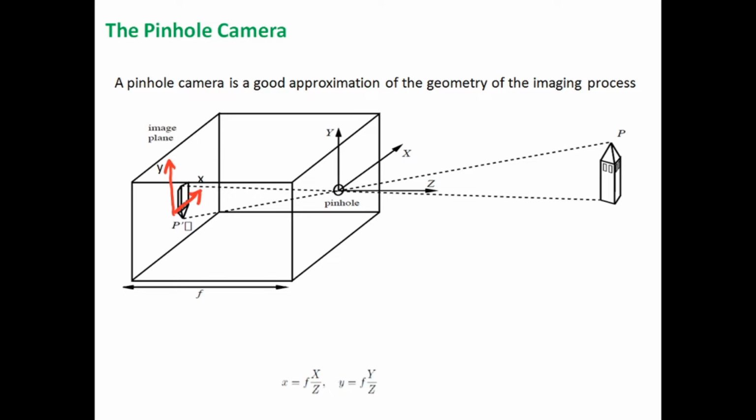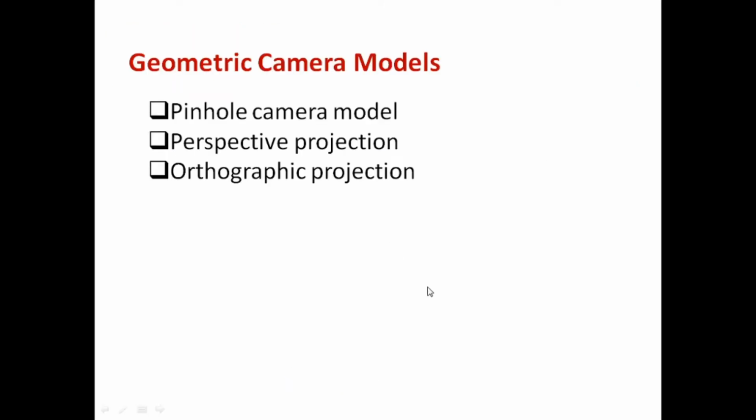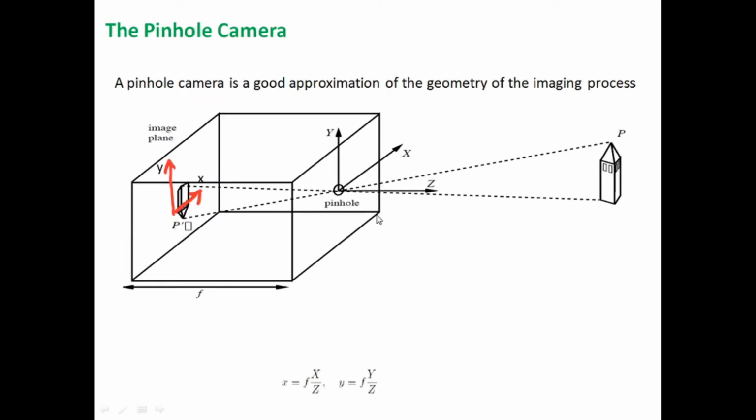This structure is very similar to a human eye, where we have an opening. You can see here there is a pinhole. This pinhole is nothing but an aperture. It is nothing but the pupil of our human eye. In a camera, we have a sensor plane, but in the human eye, we have a retina.